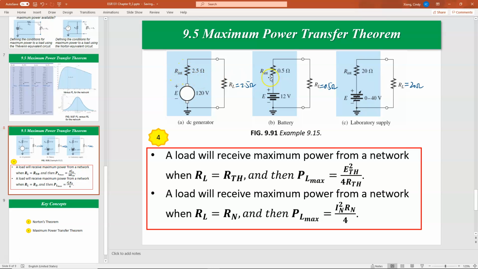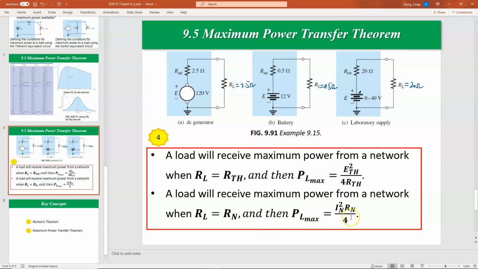Here the RINT is the same as the RTH. You need to make your RL equal to your RTH. So when RL equals 2.5, 0.5, and 20 ohm, you can find the maximum power.